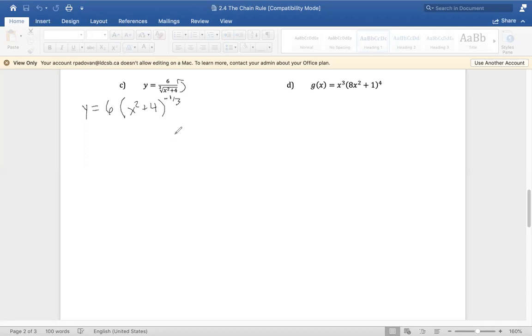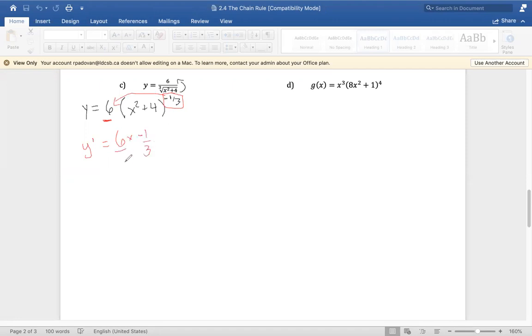So what do you notice that's different here? Now I have a coefficient of 6 in front, which I didn't have before. But basically the rules would be the same. In order to get y prime, the derivative of y, leave the 6 alone. It's just hanging out for the ride. Bring that negative 1/3 out in front, so it's going to be 6 times the negative 1/3.